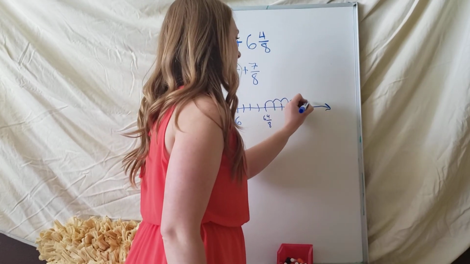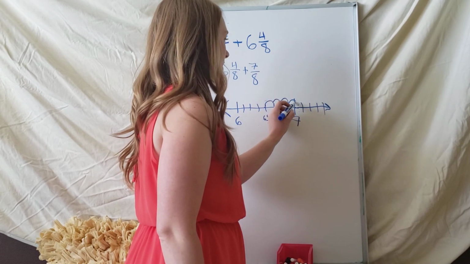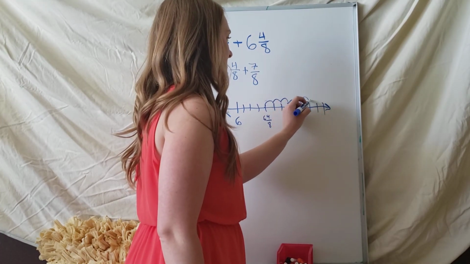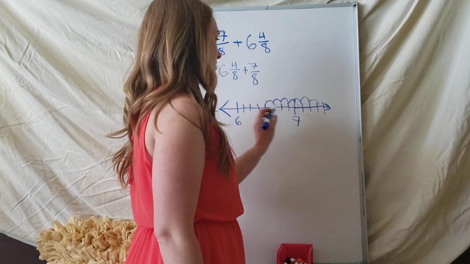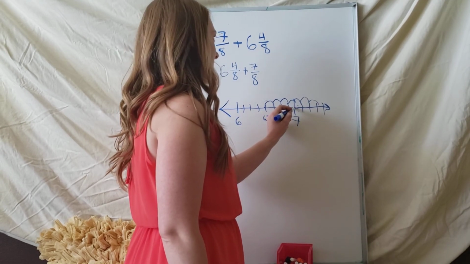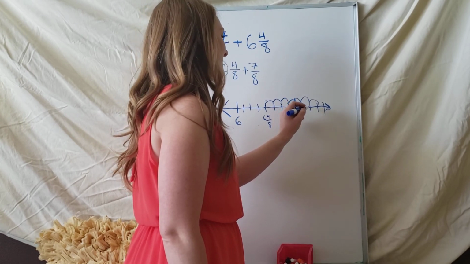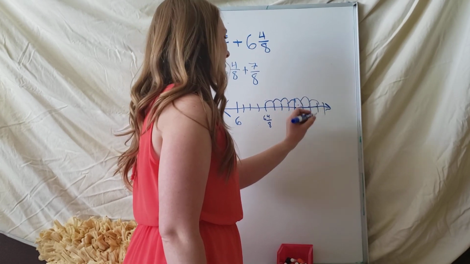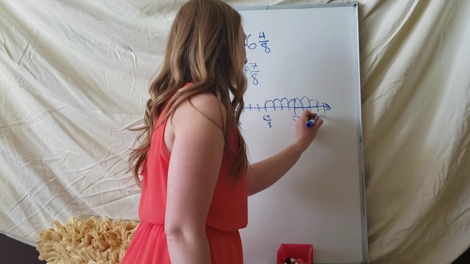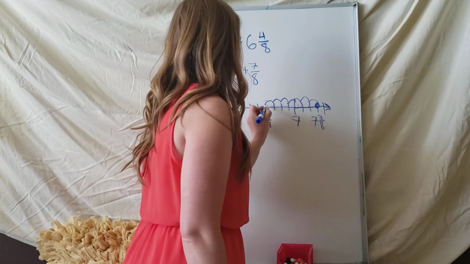So I'll add some more 8s here. 1, 2, 3, 4, 5, 6, 7. And because I know the unit I'm working with is 8s, I can say that this is 7 and 1, 2, 3, 7 3/8. That's where I stopped on my number line.